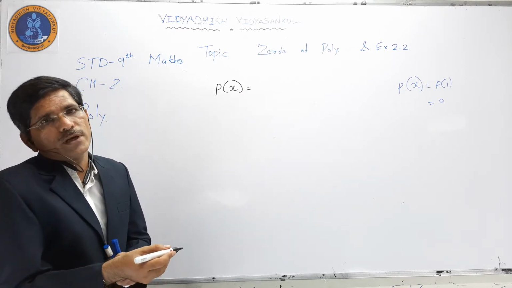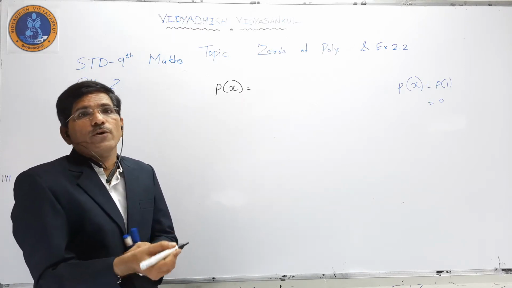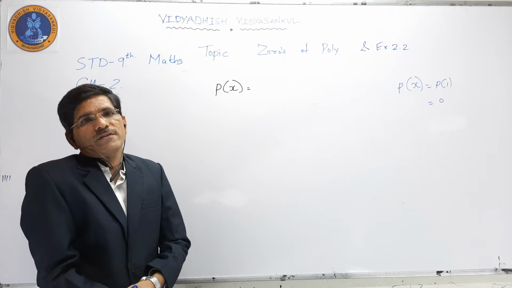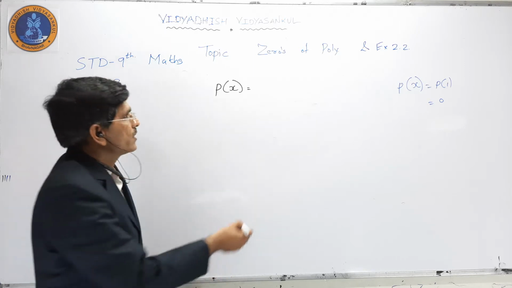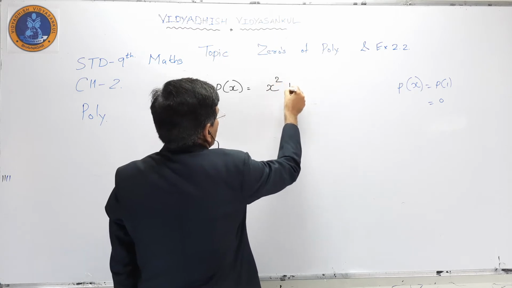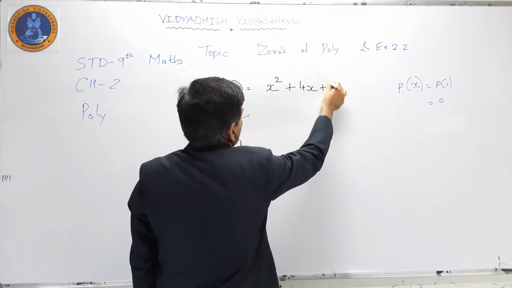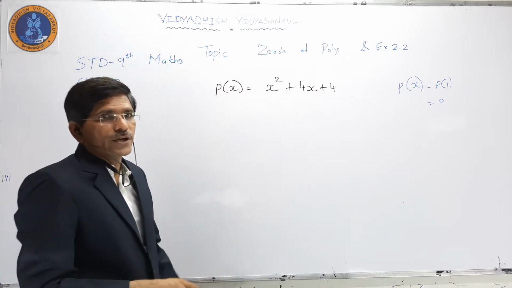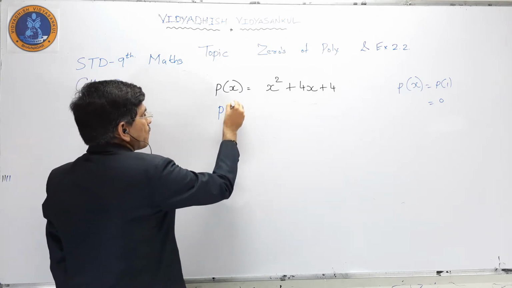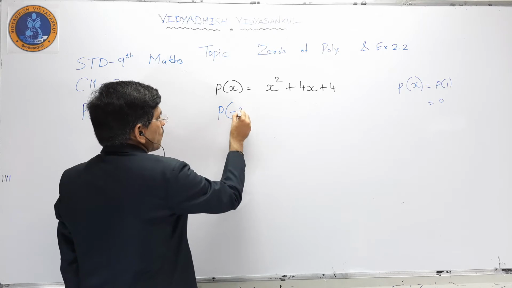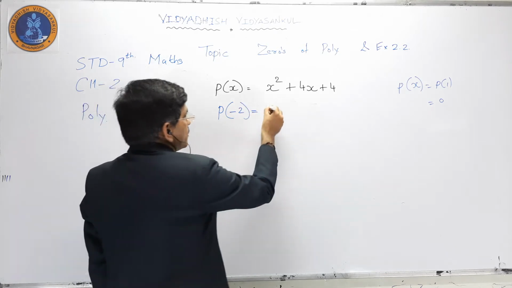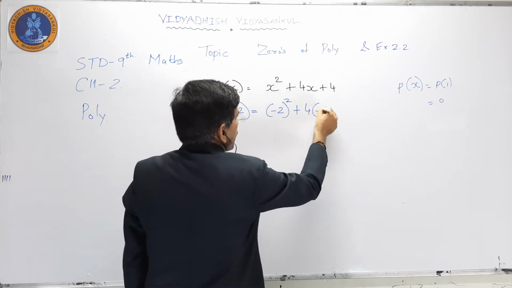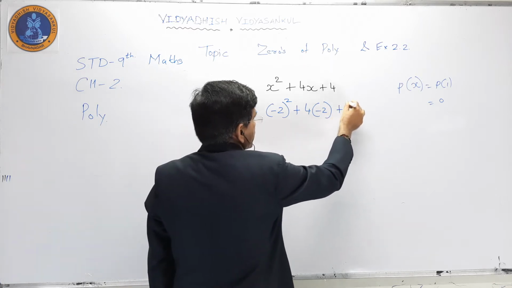If I write p of x equals x square plus 4x plus 4, and now I put the value minus 2, p of minus 2 is minus 2 whole square plus 4 into minus 2 plus 4.